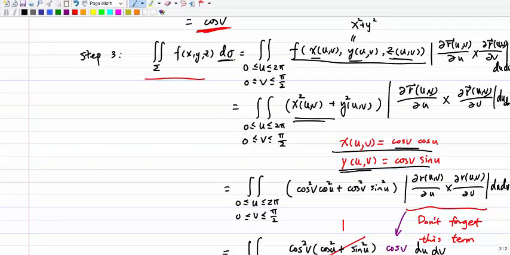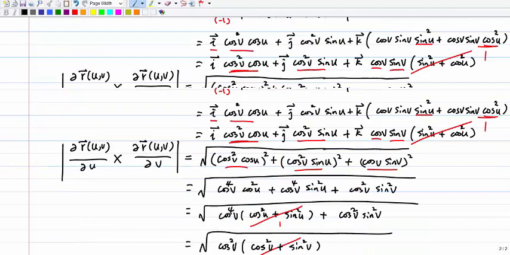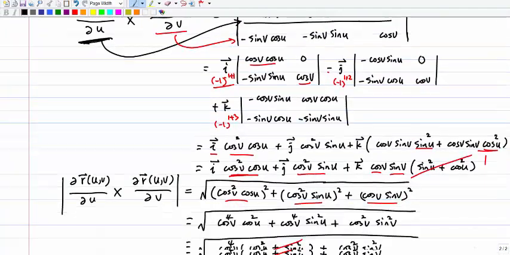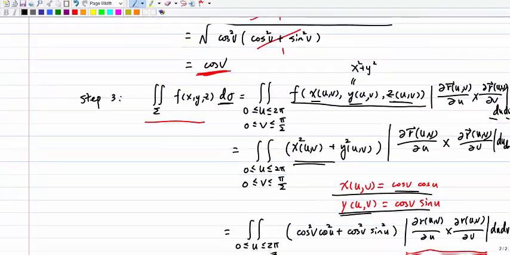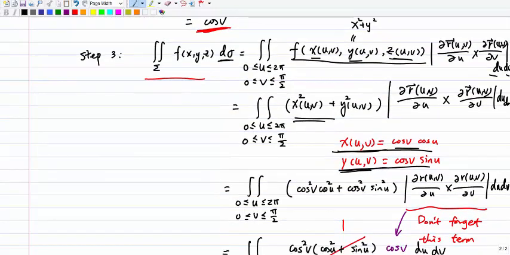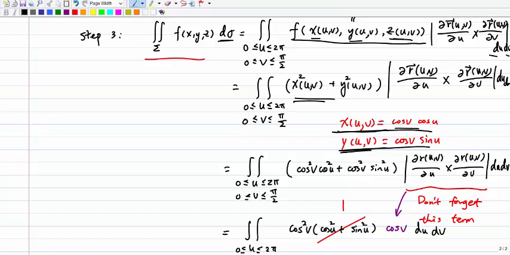I don't use this sigma anymore; I have to use the lower and upper bounds for u and v, which are given by my parametric form. So I replace x(u,v) and y(u,v), and I replace all the lower and upper bounds for u and v. This part stays the same.